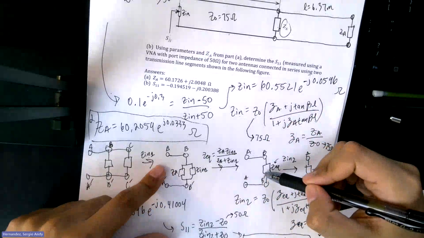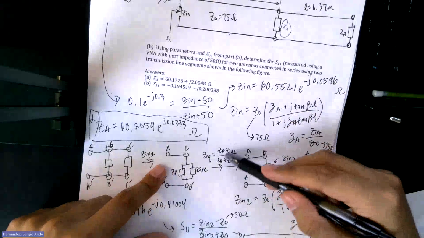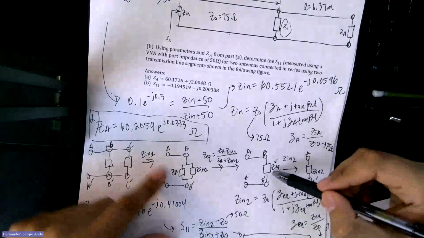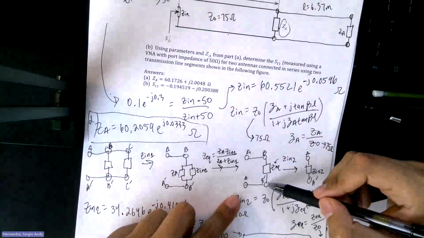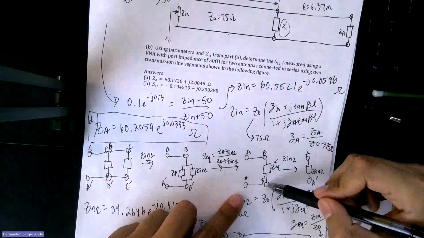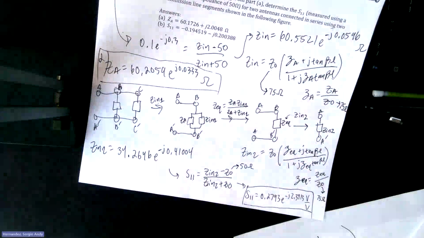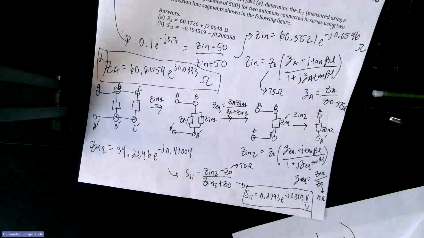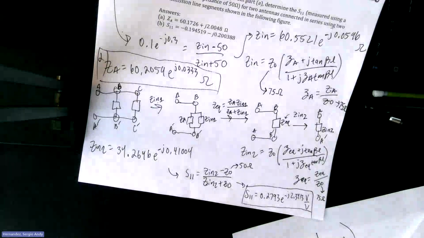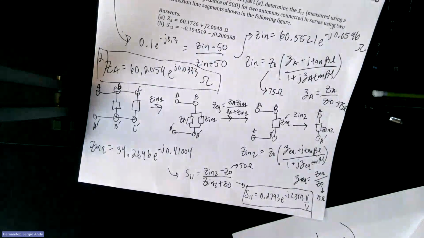Combine them in parallel, right, using this formula. And then you're back to a normal single load transmission line problem, going from Z0 towards A, using the ZN1 formula, it's on the top, right?